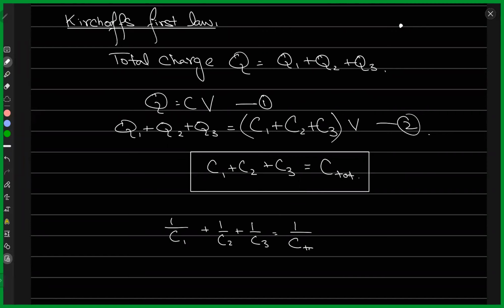So this would be the total capacitance in series, and it's just the reverse of how you work out the total resistance in resistors, right? Because the way resistors behave in series is how capacitors behave in parallel. So it's just the inverse of how resistors behave, right?